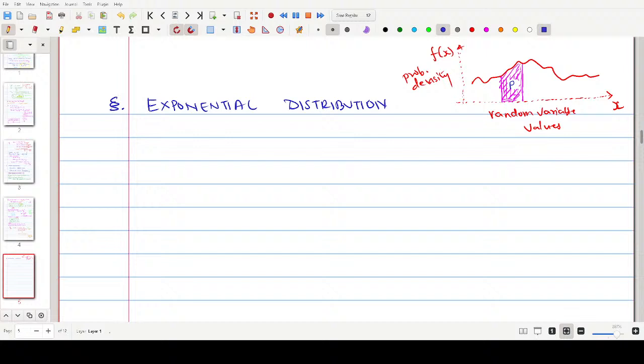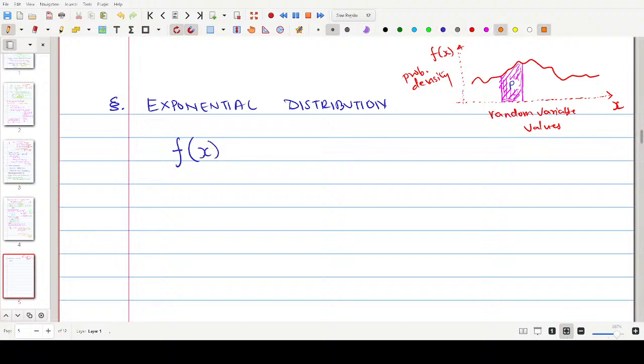So this is called the exponential distribution. Let's write down the density function. So f of x, right? We are not writing p of x over here.